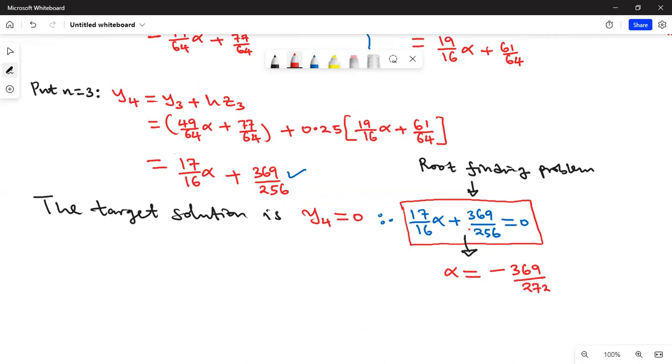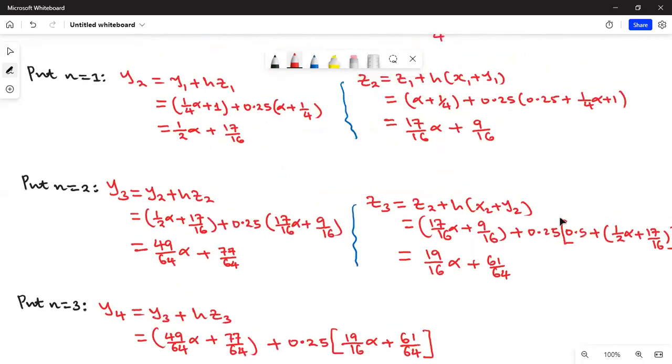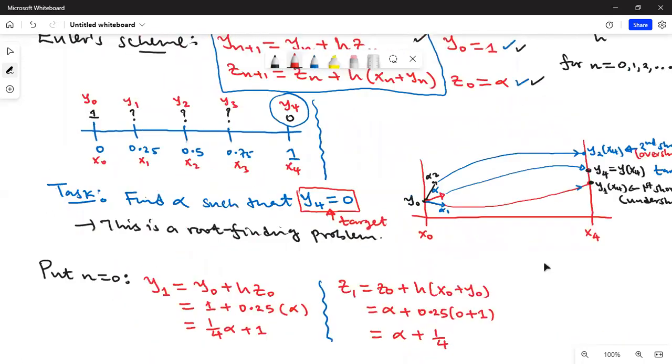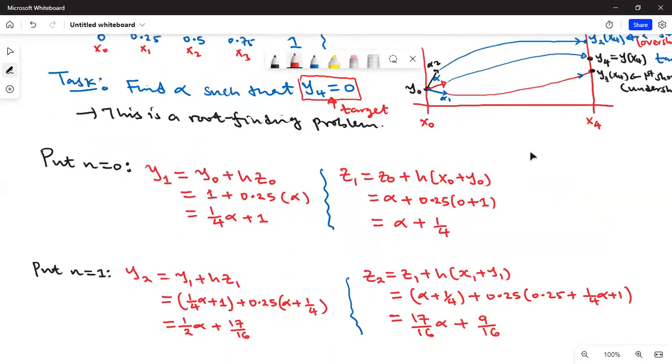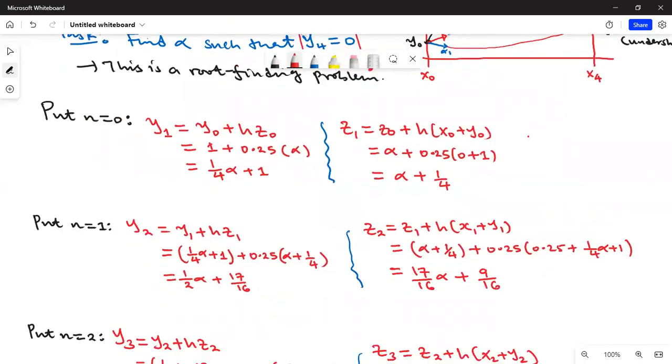So with this value of alpha, we are going to substitute it back, because you see our unknowns were y1, y2, and y3. Now go to the expression for y1. Y1 was 1 over 4 alpha plus 1, and you now know the value of alpha, so you replace it. Similarly, do that to y2 and y3, and that will give you the required solution.